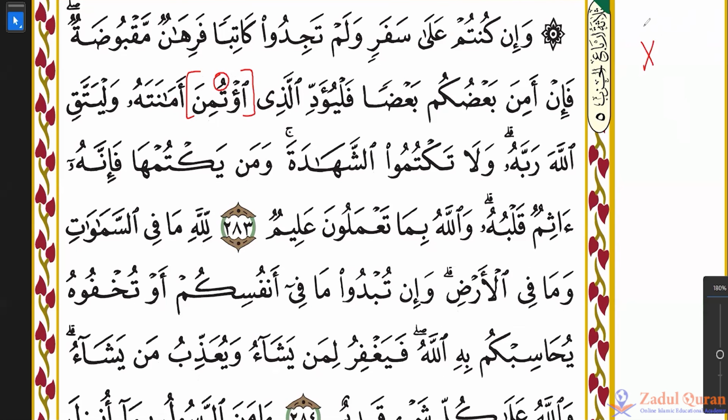If the third letter has a dhamma, Hamzatul Wasl has to be with a dhamma, and cancel the second letter because the second letter has to be second, right? If the third letter has a fatha or kasra, make alif wasl with a kasra. In this case, the third letter has a dhamma, so alif wasl with dhamma.